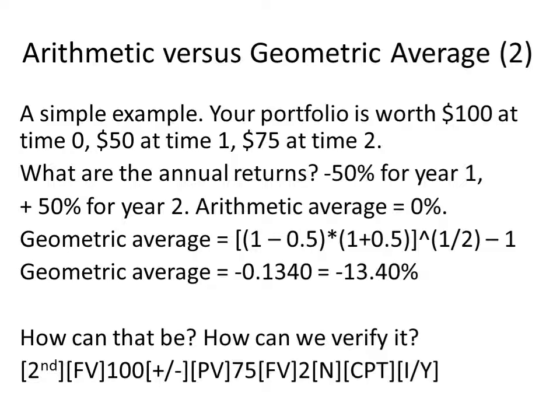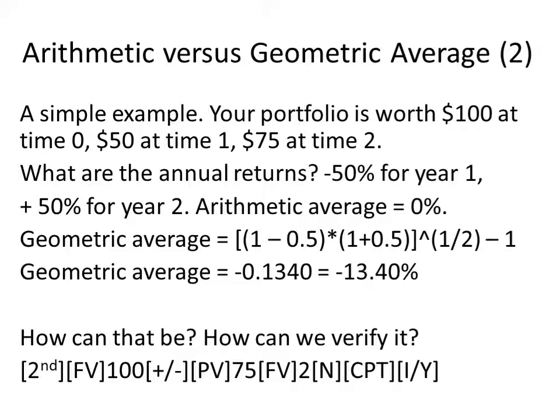And that's 2n, 2 years. And then we'll compute I per y. And I get minus 13.40%. That makes perfect sense. We know the return on average should be negative. After all, our portfolio value went from 100 down to 75.